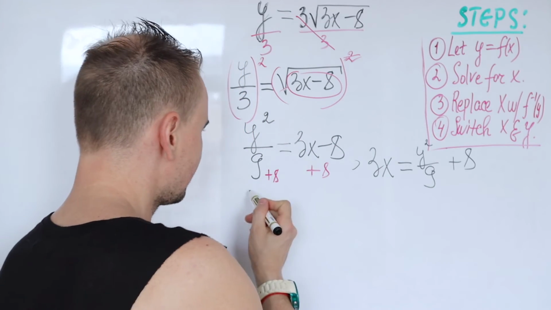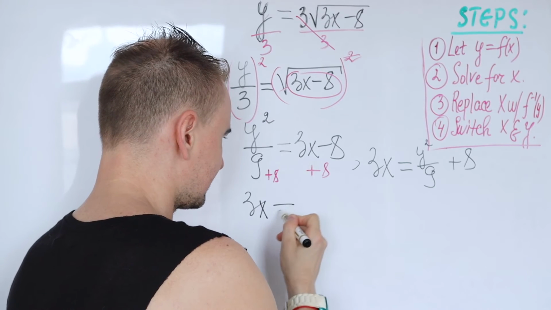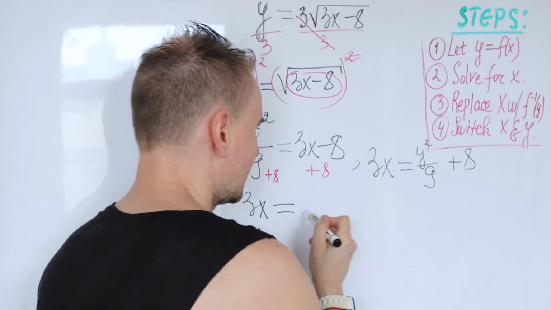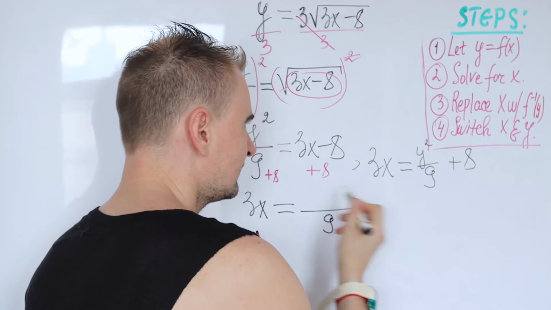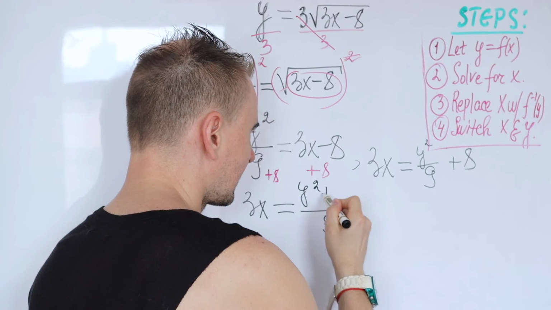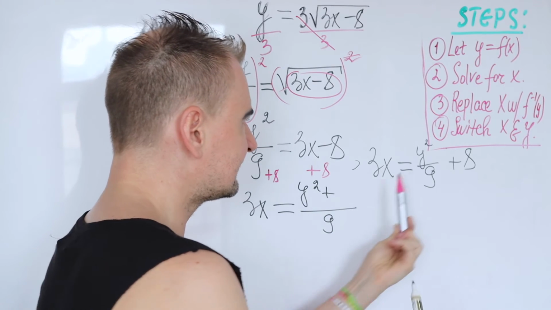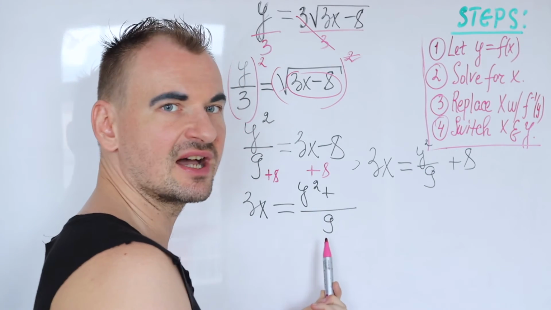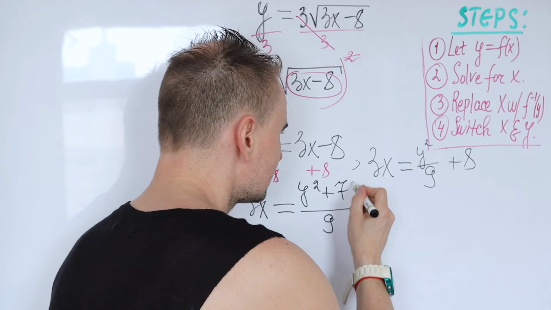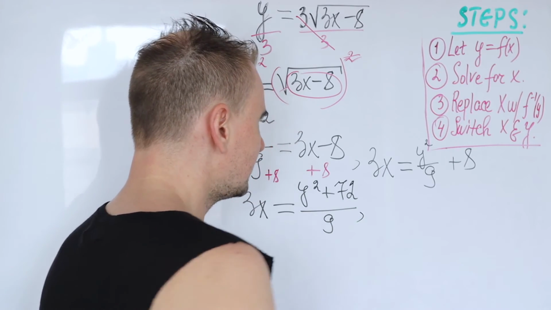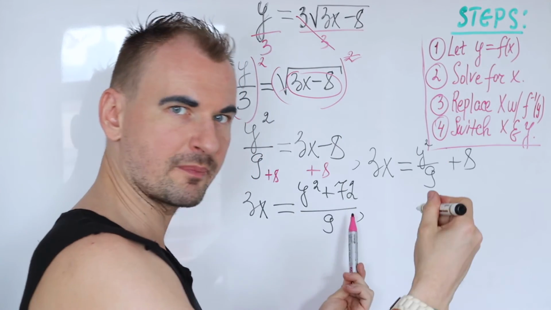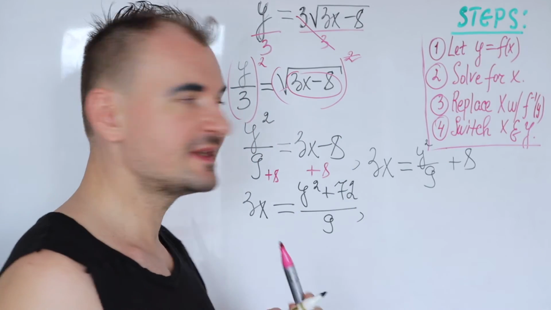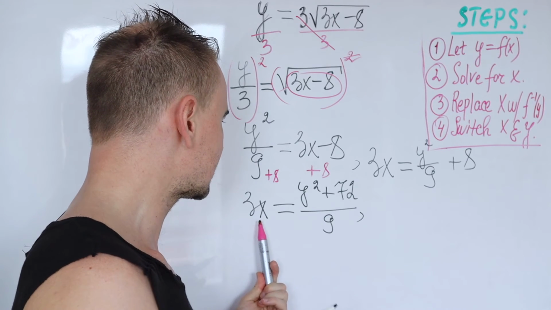So let's do it. 3x, just keep it as is, equals over 9. And since 8 times 9 gives you 72, you would be left with 72 on top. Alright, and now at this stage we want to get x alone.